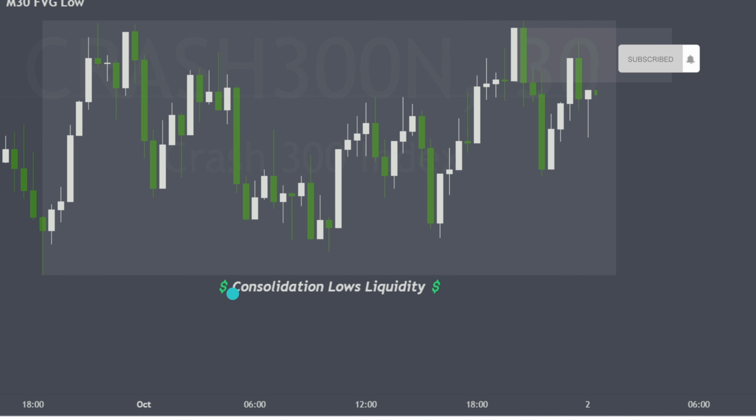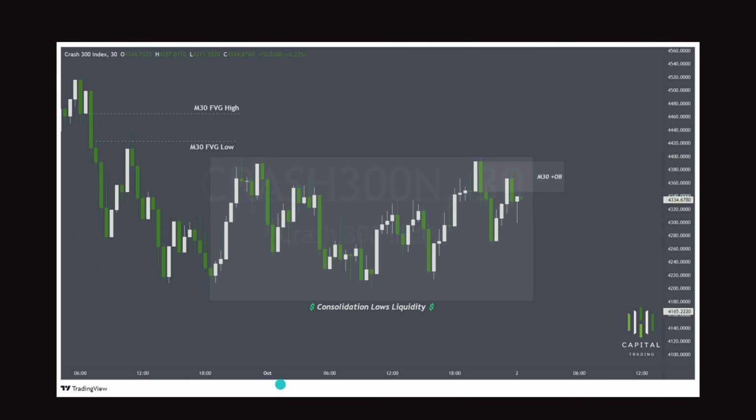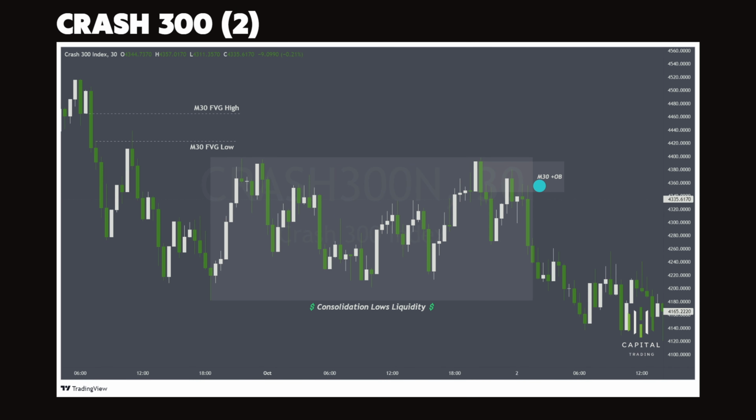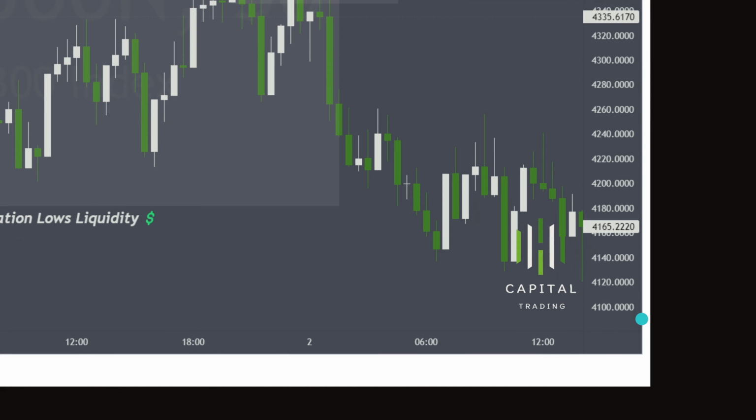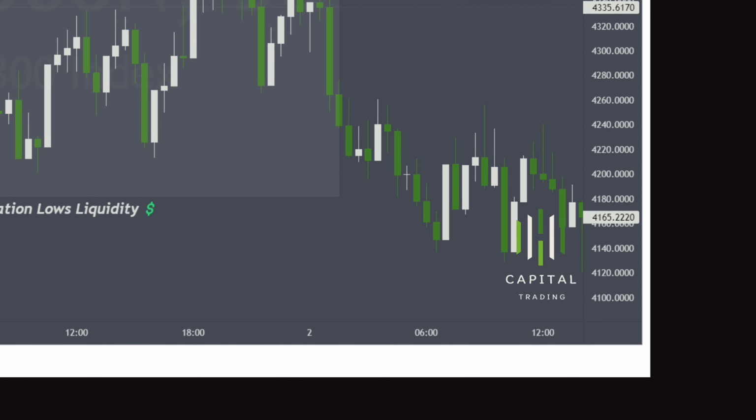Let's see what happens. That's exactly what happened. We had price dropping to the downside to reach into our consolidation lows liquidity. So that's one way of looking at it.